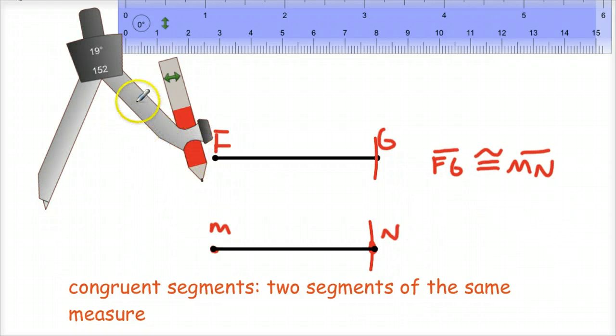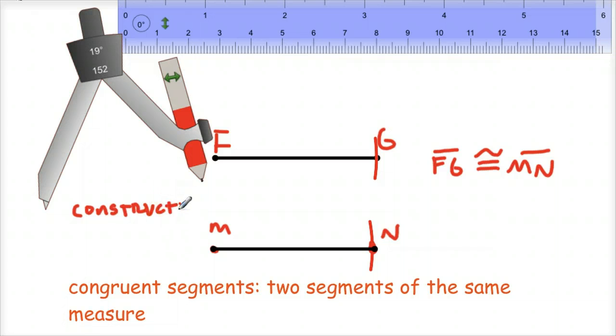Okay? And what we did here, using this compass to open it to the measure of FG and then use two endpoints to create another line segment of the same measure, that's what's called a construction. So we're going to do that a lot in geometry.